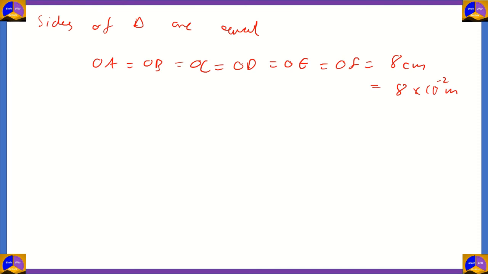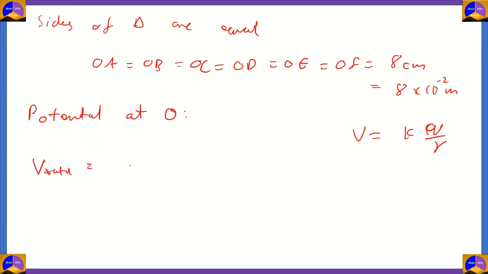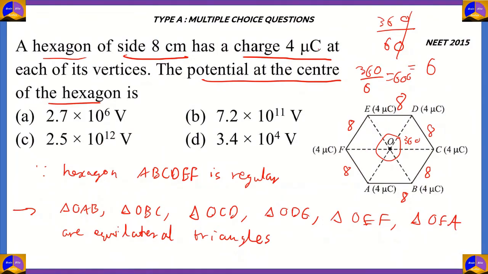So now what we need to find out? We need to find out the potential at the center O. So potential at a point O. So potential at a point is given as KQ by R. But since we have 6 vertices here, the total potential here is 6 times V. So that is 6 times KQ by R, which is 6 times 9 into 10 raised to 9 times the charge, which in this case is 4 microcoulombs.